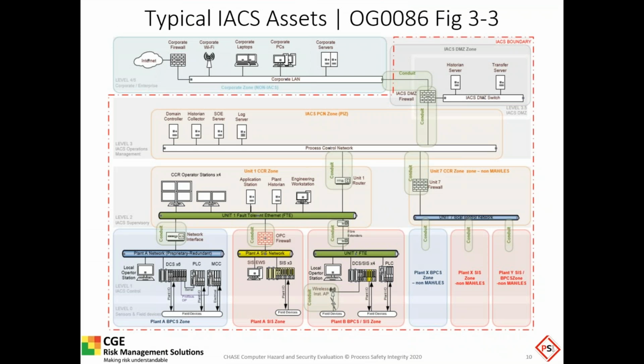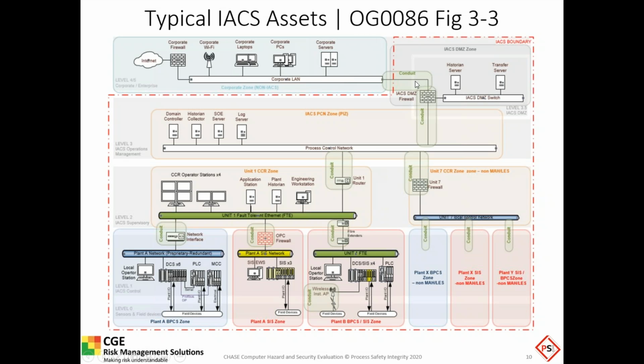The alternative view is to look at it from the control system perspective, and the HSE guidance OG0086 has a number of representative diagrams of what a system architecture may look like for a small, medium and large site. What we have here are a number of different logical assets, servers, firewalls, backup systems, etc., that are assembled into zones.